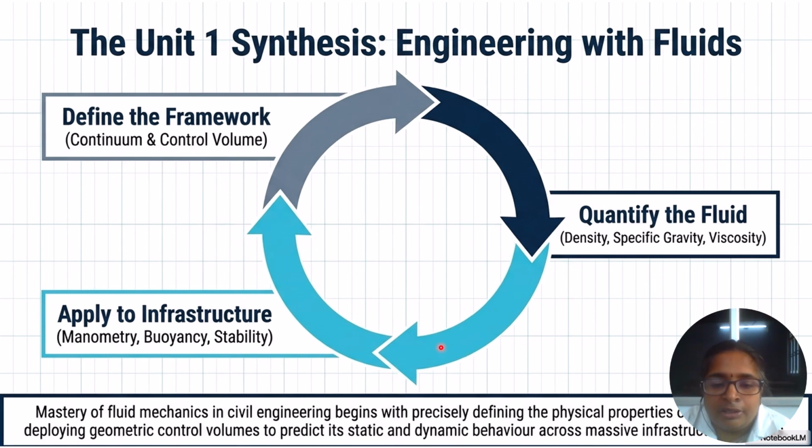This is applied to infrastructure in terms of concepts related to manometry, buoyancy, and stability. So fluid mechanics in civil engineering begins with precisely defining the physical properties of fluid and deploying geometric control volumes to predict its static and dynamic behavior across massive infrastructure.